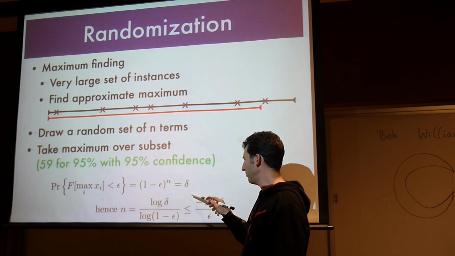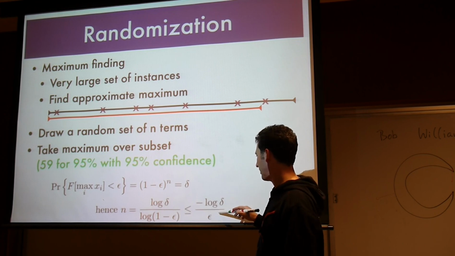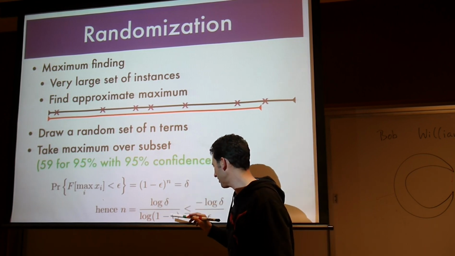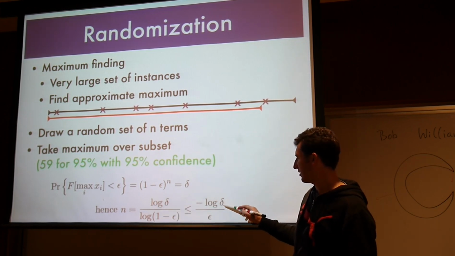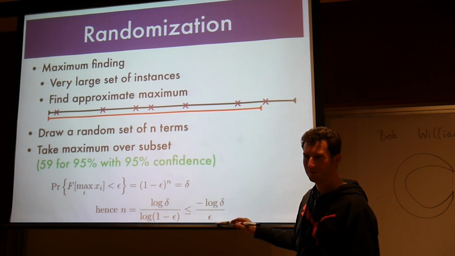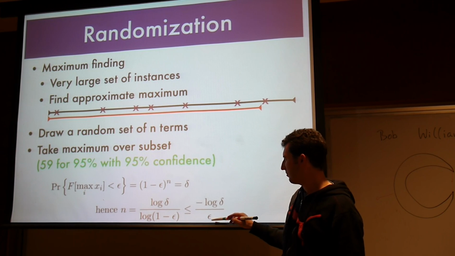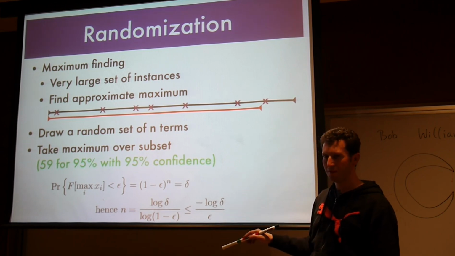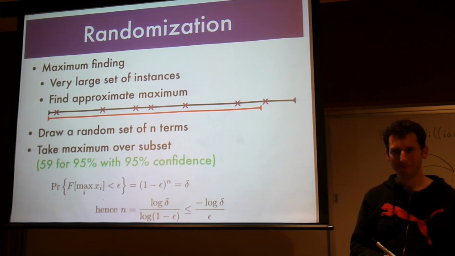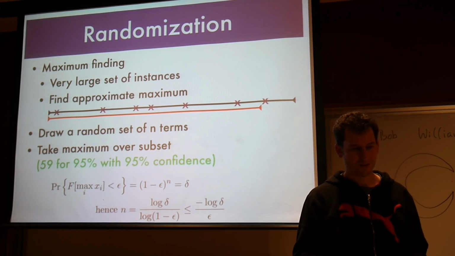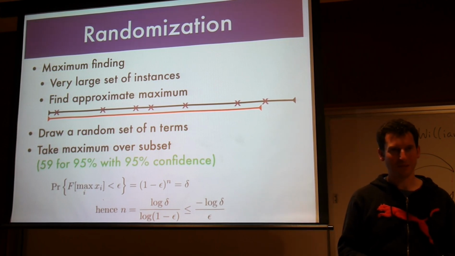So we solve for n. We get this nice expression here, which is less than or equal to log delta over epsilon. And I plug things in here, so basically I get the 5% and the 95%, and done. So it's a very, very straightforward reasoning.